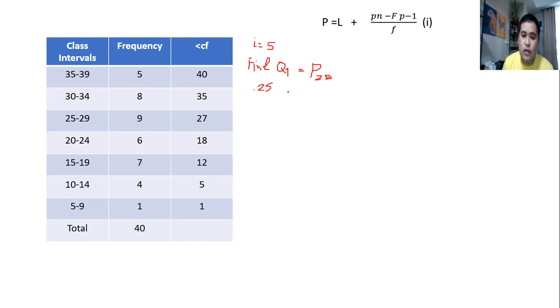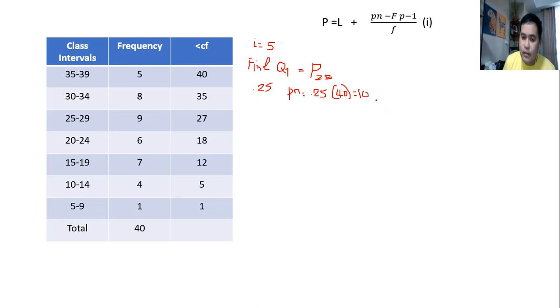So your Pn now will be equal to 0.25, since Q1 is P25, multiplied by N. N is the total frequency. So we have the frequency of 40. When we multiply 0.25 times 40, that is equal to 10.